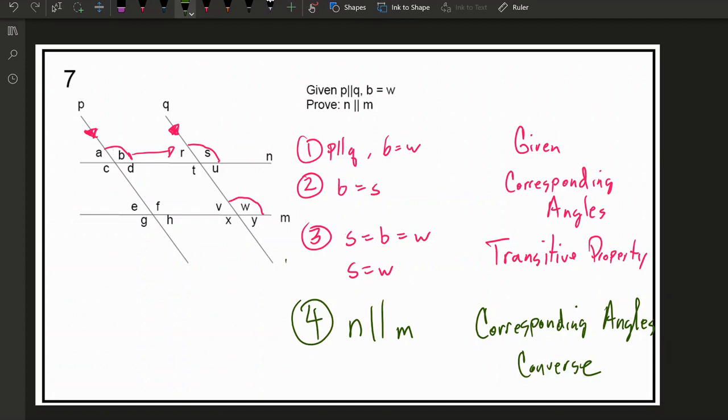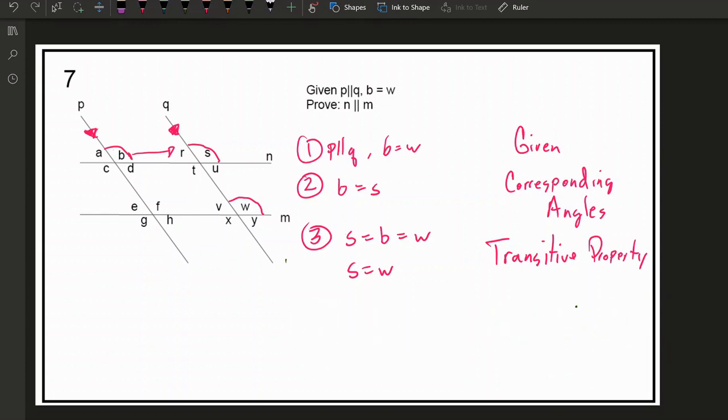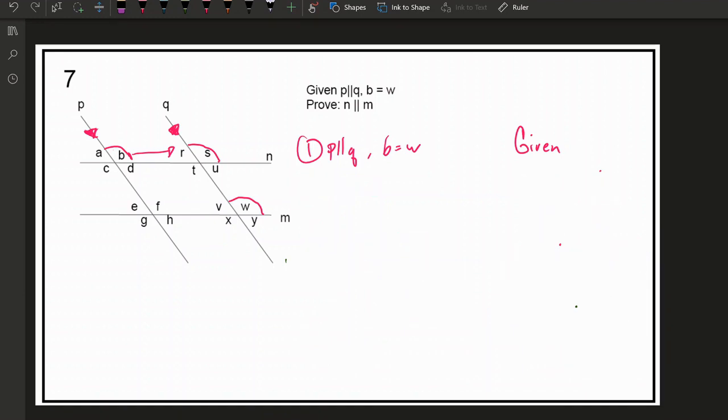Now, this is one that has a lot of correct solutions. So, just to show you how we could do a different solution, I'm going to go ahead and erase this and do something else. Okay, so again, keeping my givens, if I had chosen to start at W, I could have said W and G are congruent.